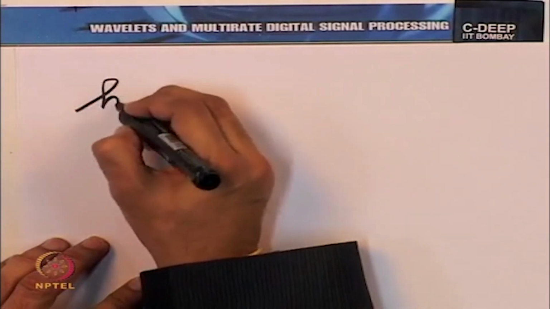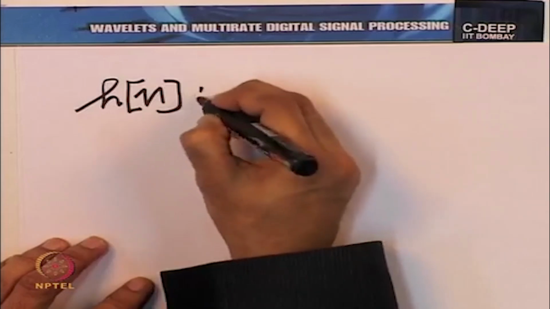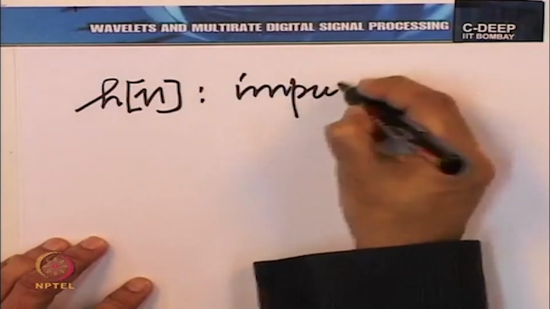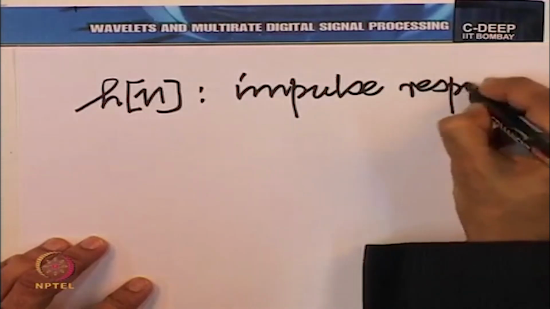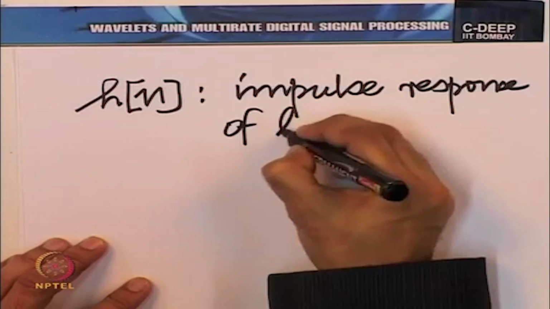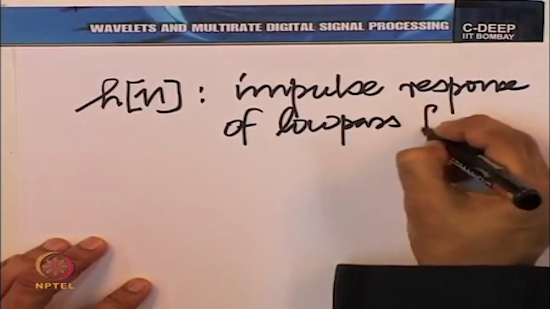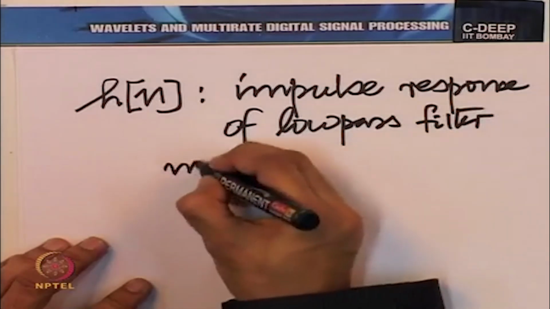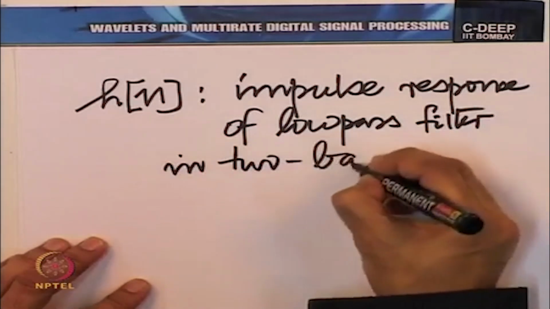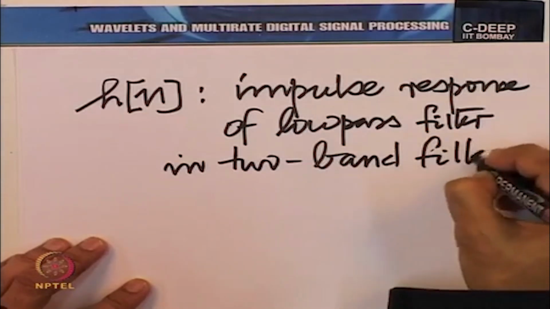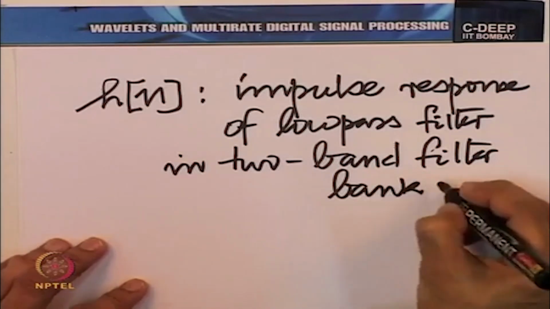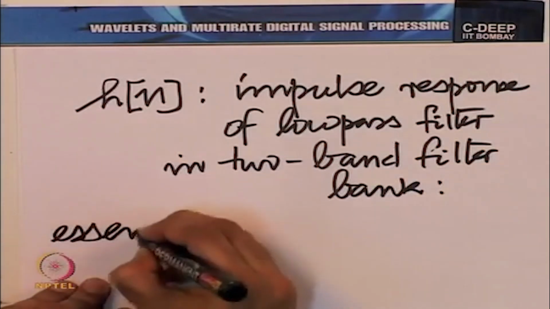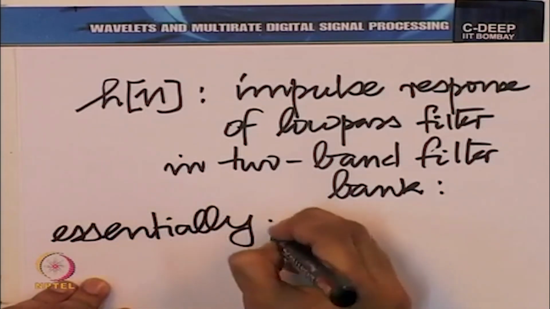So, indeed, let us note at the moment that within a scaling factor, if h of n is the impulse response of the low pass filter in question, in the two band filter bank, then essentially what we have is the following dilation equation.